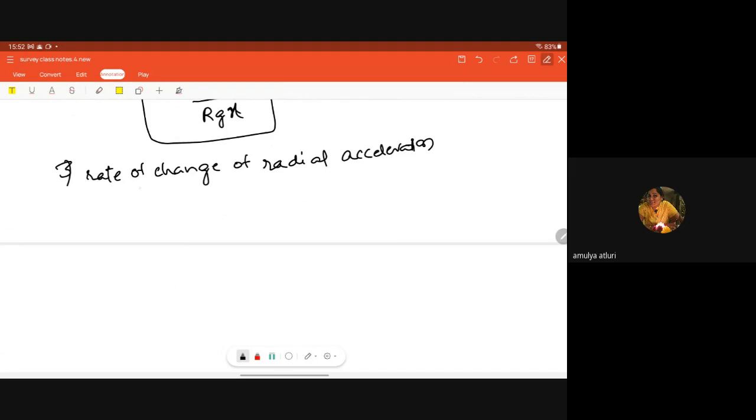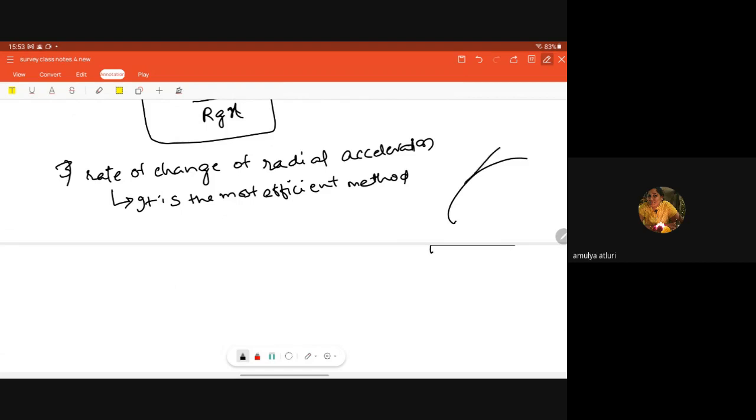So it is the most efficient method. So you can say this is your curve.